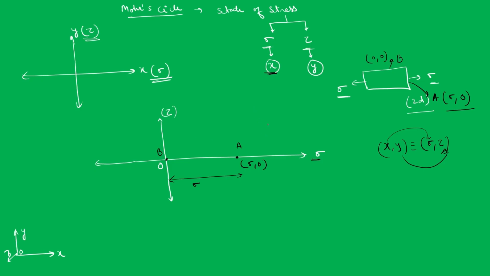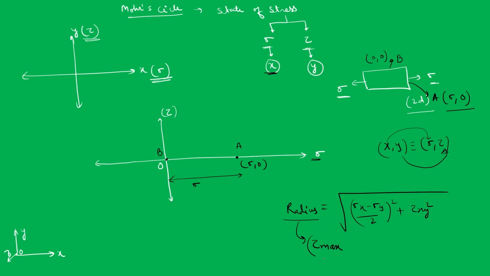If you remember, I have already told you in earlier classes how we find the radius. The radius will be the square root of sigma x minus sigma y by 2 whole square plus tau xy whole square. This is again the tau max.